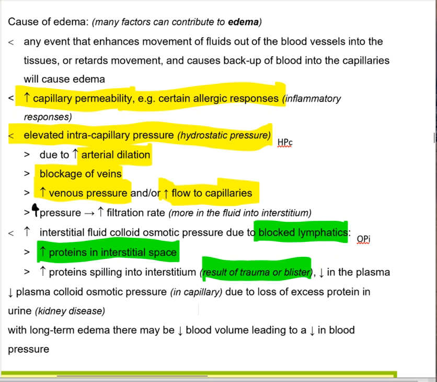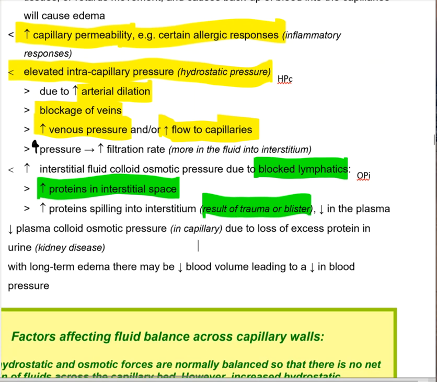And then the last one is we can have decreased plasma colloid osmotic pressure in the capillary, and that is OPC, osmotic pressure of the capillary. And this is due, if you remember, to loss of excess protein in the urine.